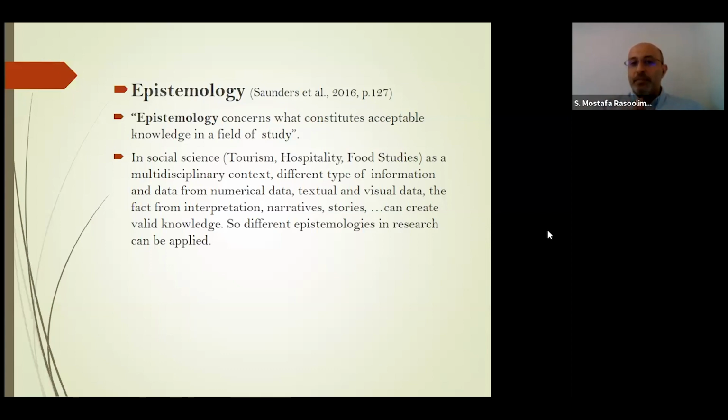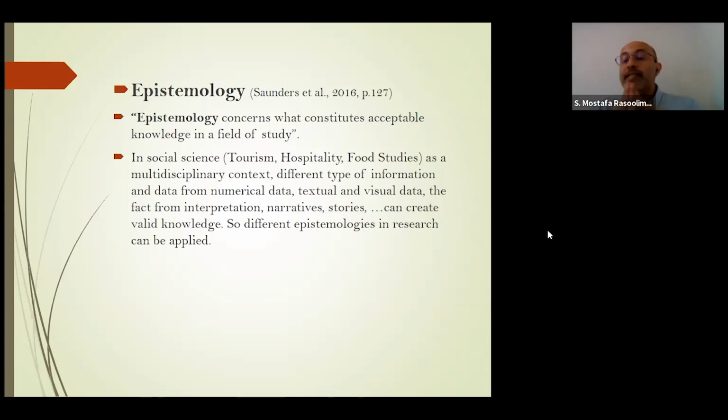Right? So this is another paradigm. And this is a common mistake in social science disciplines: if we apply quantitative research methods and measure subjective concepts, we think we are positivist and positivism is our research paradigm.